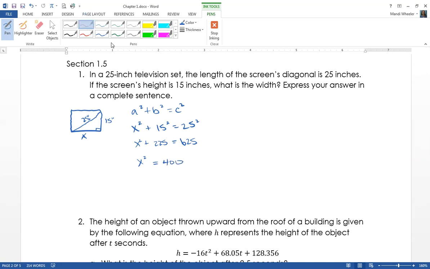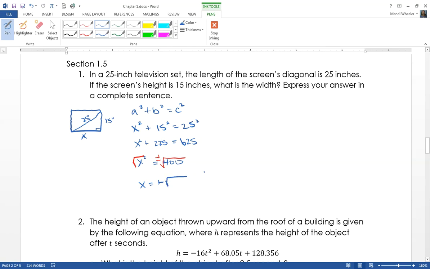Then we're ready to take the square root. Technically we have plus or minus as an option, but since this is a width, it has to be a positive number, it can't be negative. So x is the positive square root of 400, and we can simplify that and get an exact value.